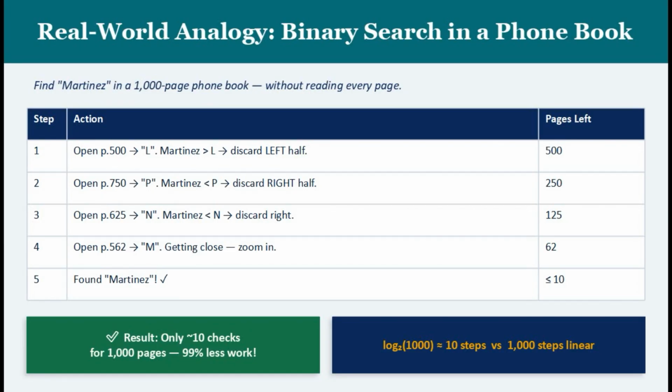Instead of up to 1,000 checks, you needed only about 10. The mathematical reason is that log base 2 of 1,000 is approximately 10. That is a 99% reduction in work. From one problem the size of a phone book to a problem the size of a single entry.